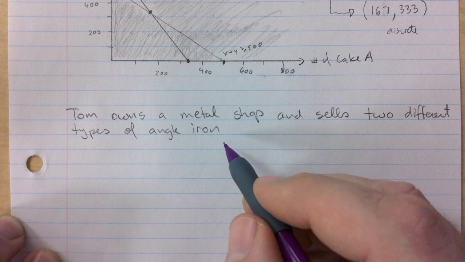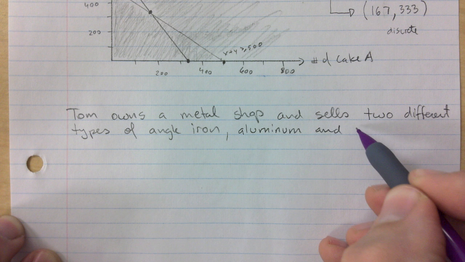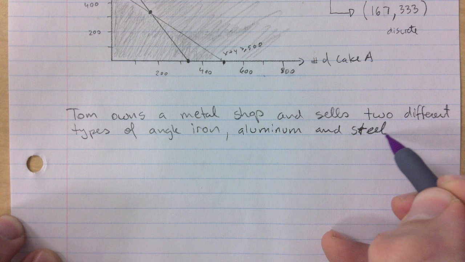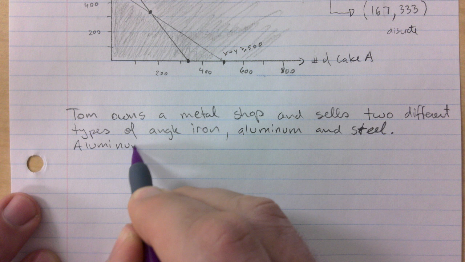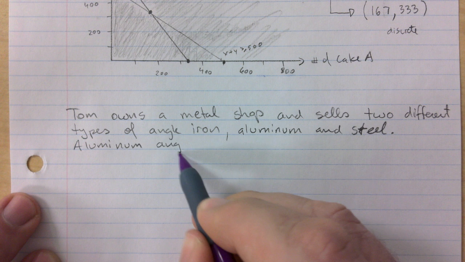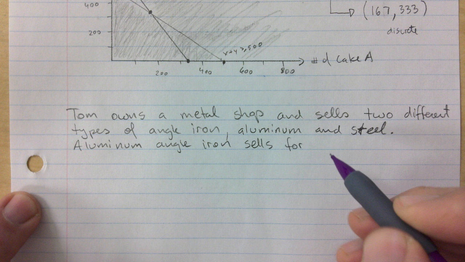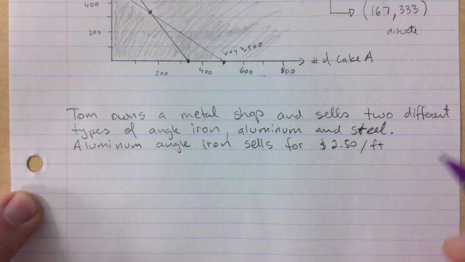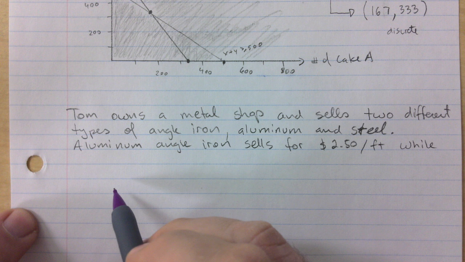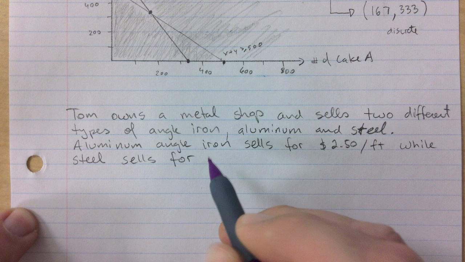And those would be aluminum and steel. Aluminum angle iron sells for $2.50 per foot, while steel sells for $1.75 per foot.